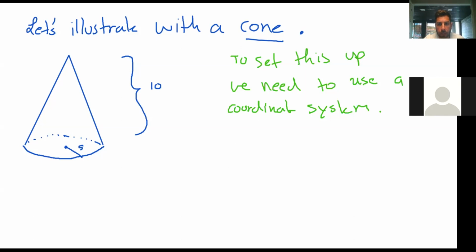So if I think about how I want to do that, I remind myself, what do I want to take advantage of? Do I want to take horizontal cross sections? Well, that seems wise because they're all circles.